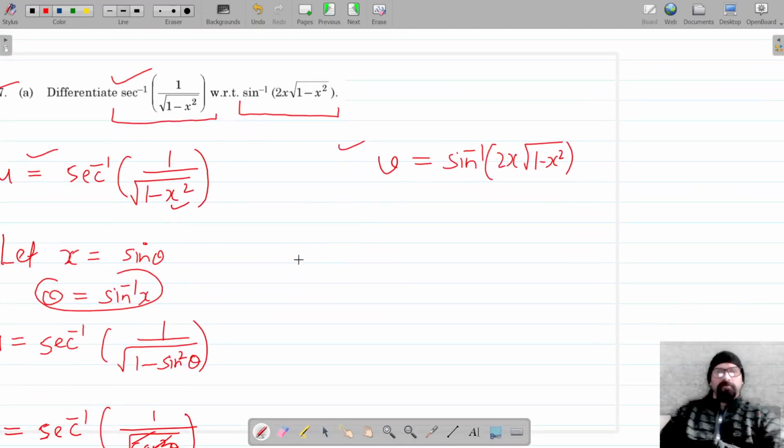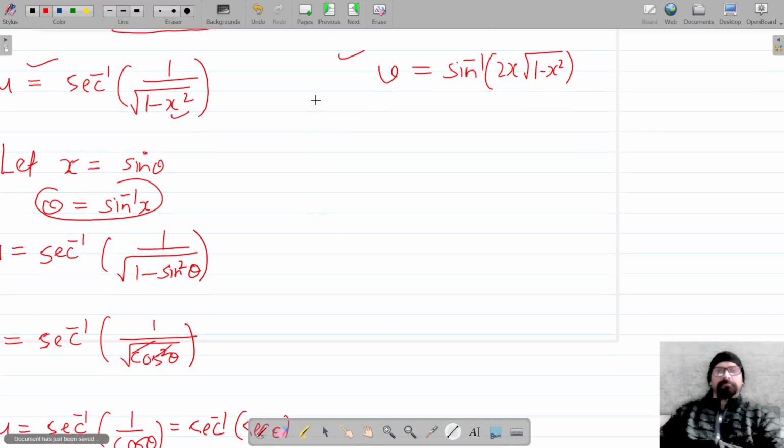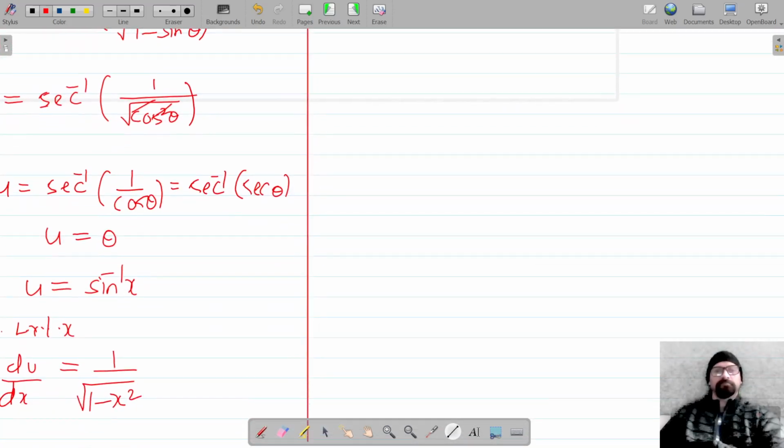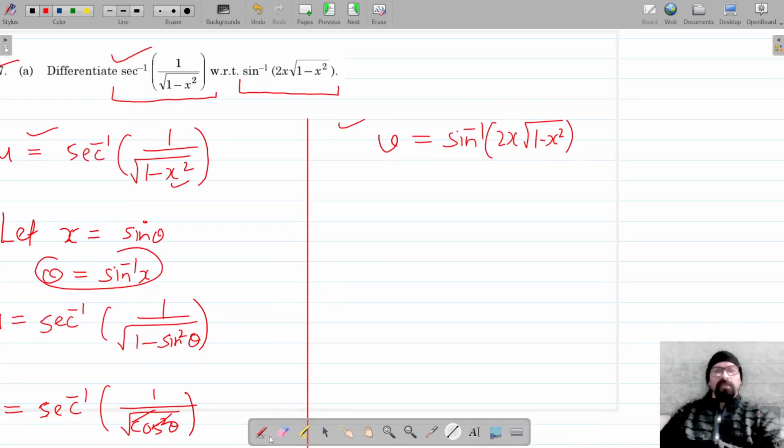Okay, similarly for this one. Here also let's make the substitution where x is, let's say, sine theta. So once again, let x be sine theta. So theta becomes sine inverse x.